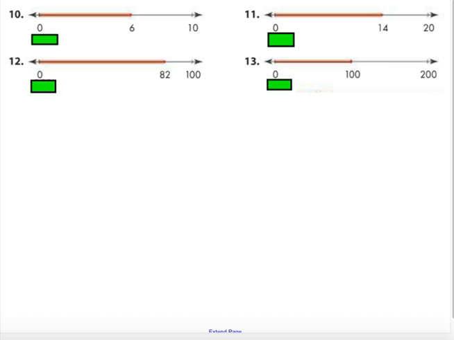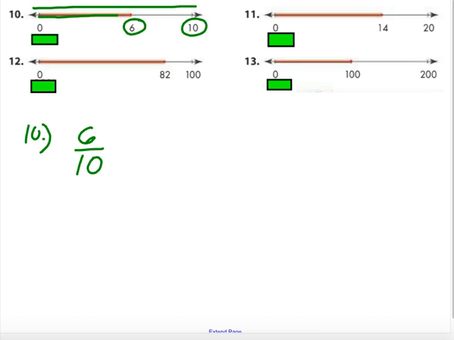Okay? Number 10, they give us a number line, and the number line is broken up into tenths, and they've highlighted 6/10 of it. So for number 10, it would look like a ratio of 6/10 to begin with.